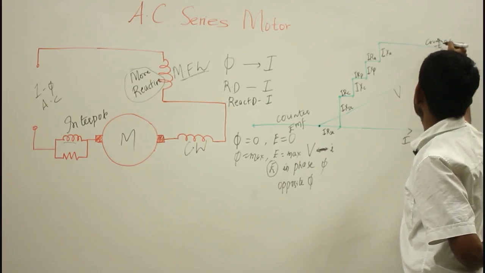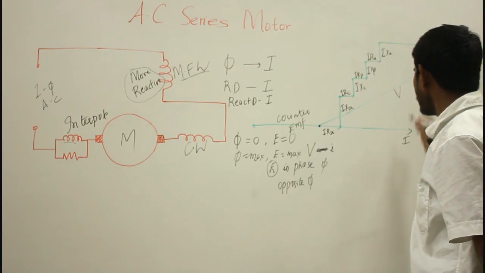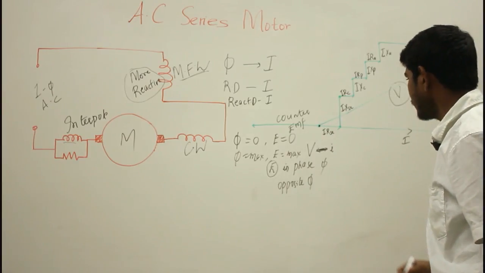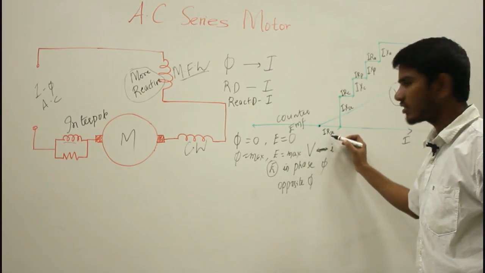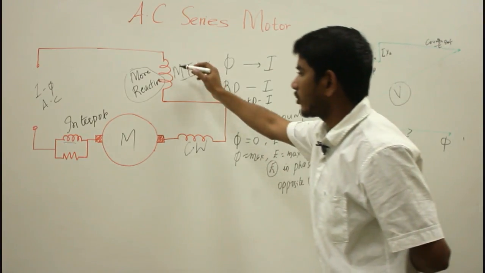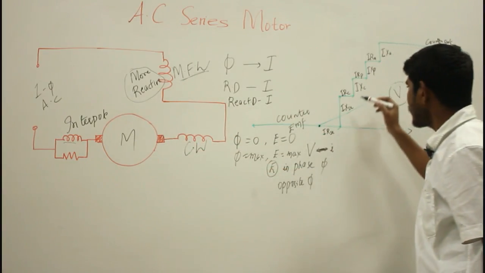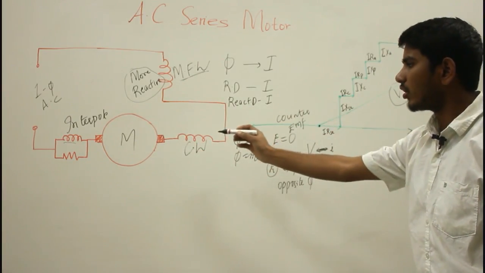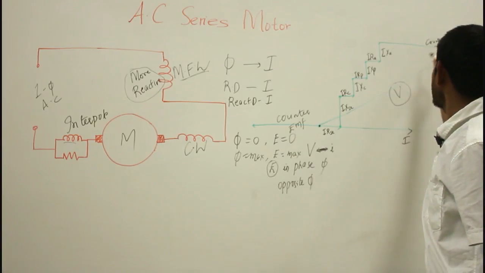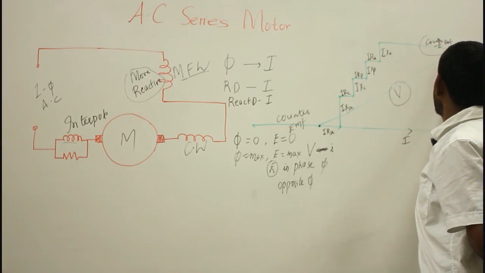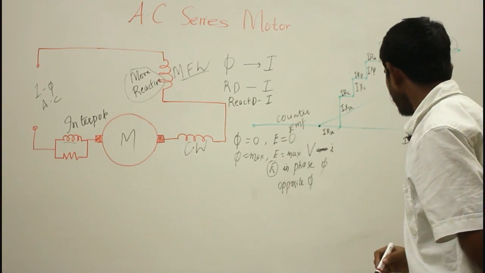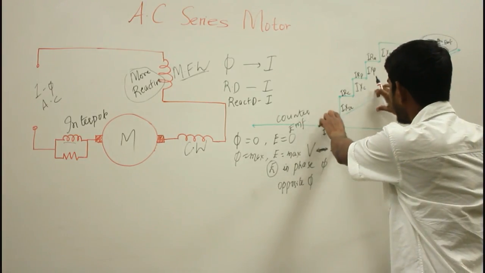This is your reverse counter EMF. Now the terminal voltage drop will be equal to the summation of the resistive drops across all the 4 windings, as well as the reactive drops across all the 4 windings, and also the summation of these counter EMF E. So this is all about your phasor diagram.